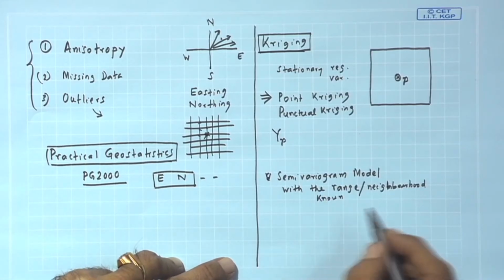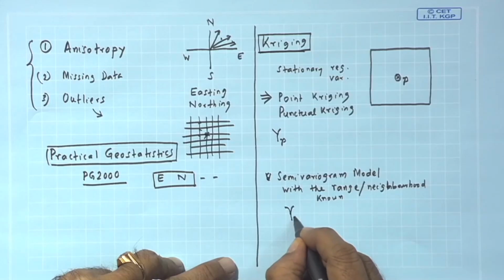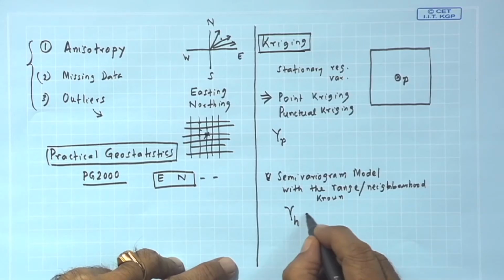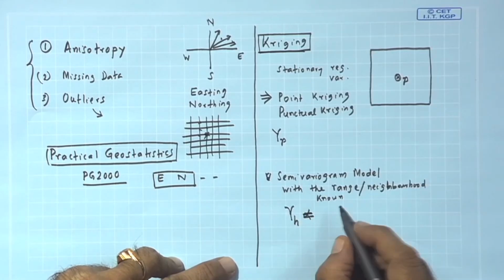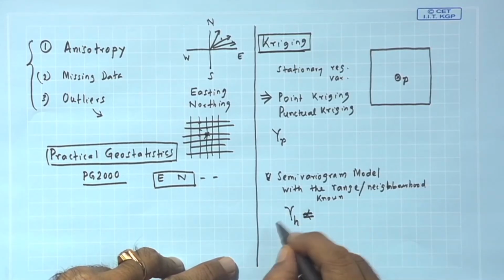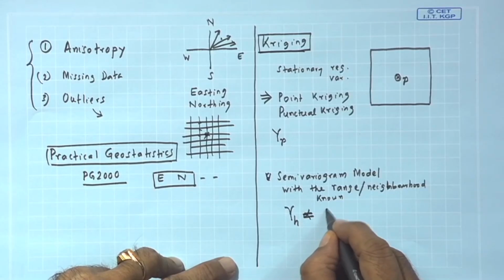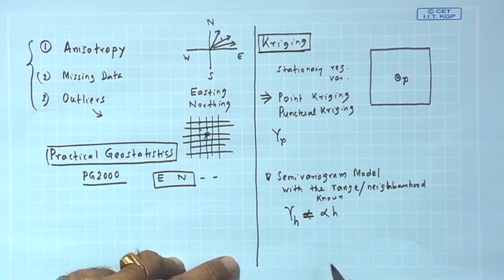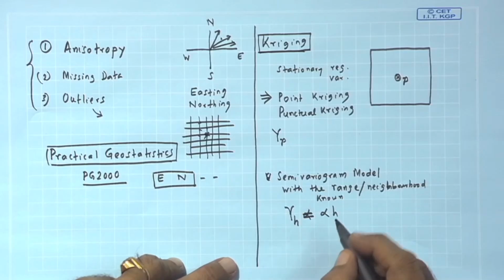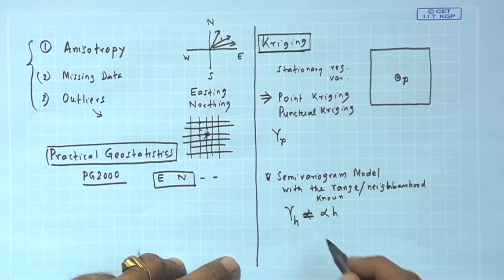Let's take it for the time being that it's a linear model where gamma h is equal to alpha h, where alpha is a constant quantity, and this is h, and here the range is defined.